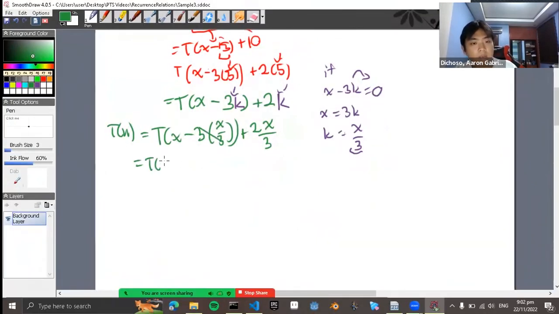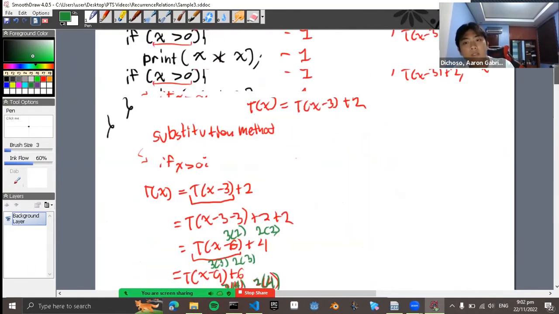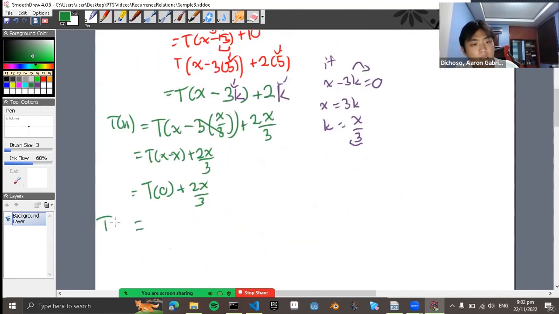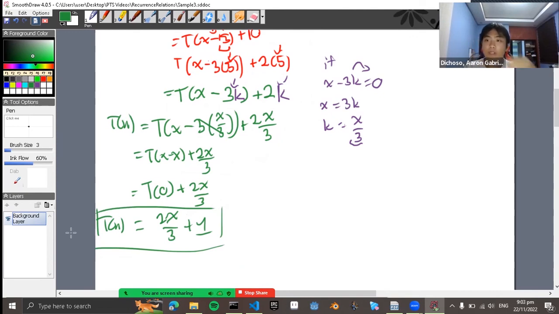We would get t of x minus x plus 2x over 3, t of 0 plus 2x over 3. And what is t of 0? T of 0 is equals to 1. So we would get t of n is equals to 2x over 3 plus 1. And that is our time function, our closed form.